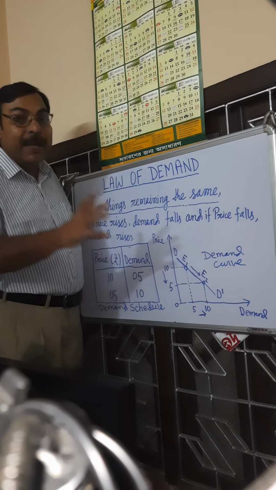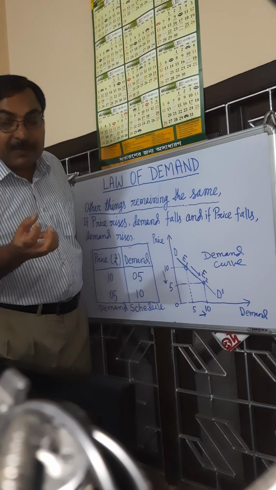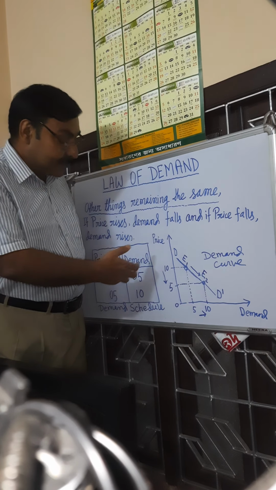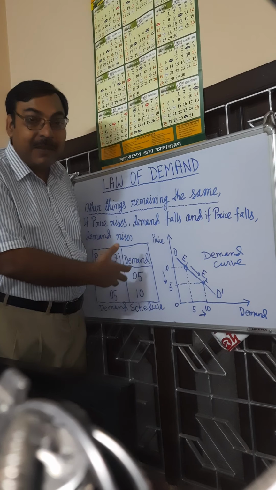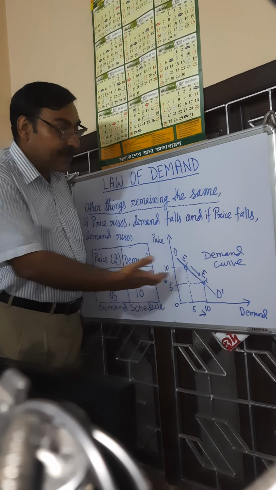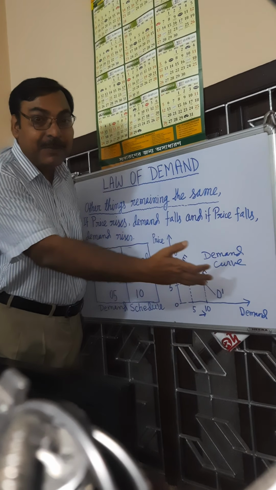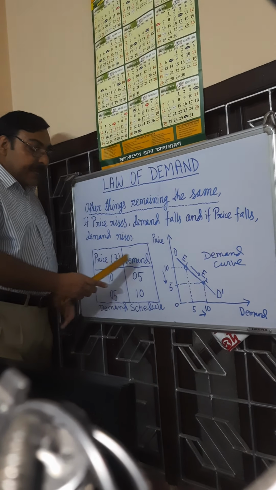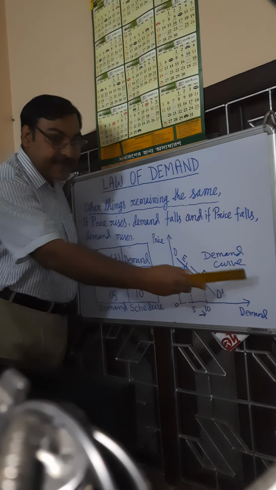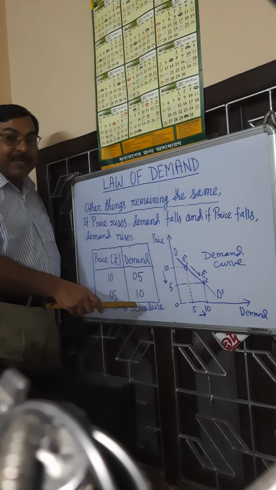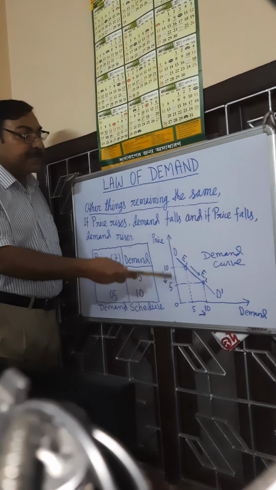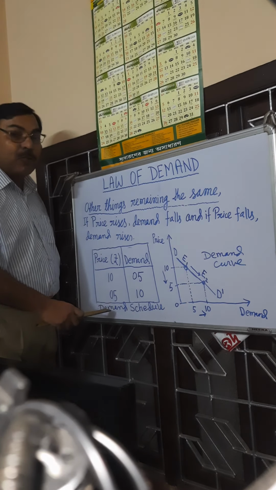From this schedule, we get some points which will be used to represent the inverse relationship graphically, and we will get the demand curve from those points. Generally, demand is represented on the x-axis, so demand is our x variable, and price is represented on the y-axis, so price is our y variable.